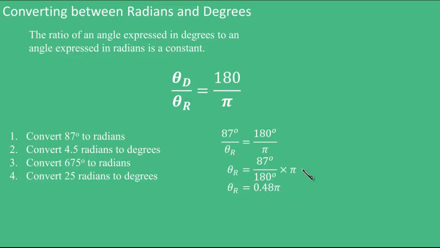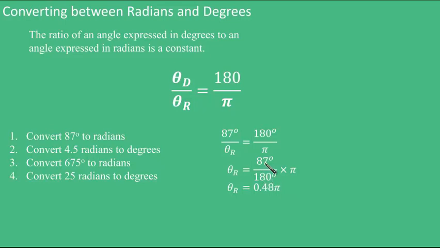It helps sometimes to see some intuition here. If you're given the angle in degrees, all you need to ask is, what fraction of 180 is that angle? And then multiply it by pi. In other words, 87 degrees is 0.48, almost a half of 180. Remember, 90 degrees is a half of 180. 87 degrees is 0.48 of 180.